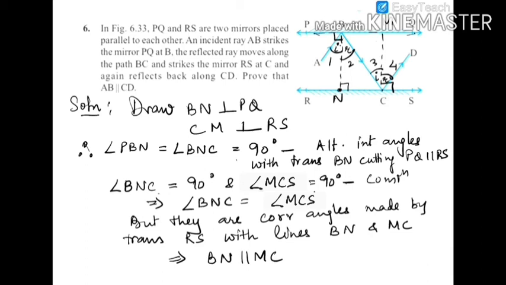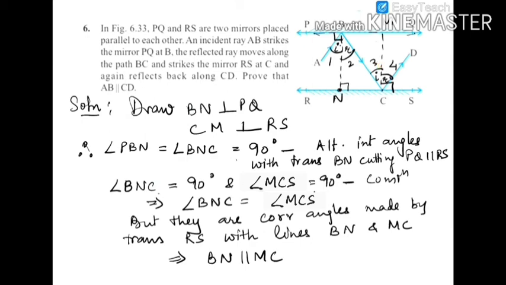Since angle I is equal to R, angle 3 will also be equal to 4. So with this we have angle 1 equal to 2 and angle 3 equal to 4. But angle 2 is also equal to angle 3 because BN is parallel to MC and 2 and 3 form alternate interior angles.